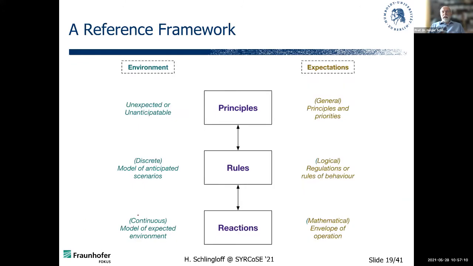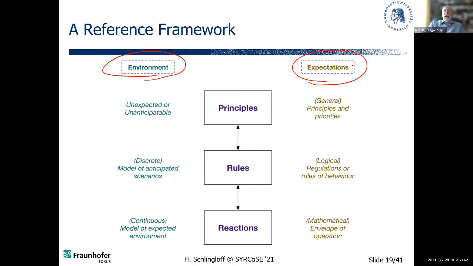About the architecture, we propose to layer the decision-making in three layers: the reactions layer, the rules layer, and the principles layer. We frame that by what is the environment, what do we know about the environment, and what are the expectations of these layers to handle.